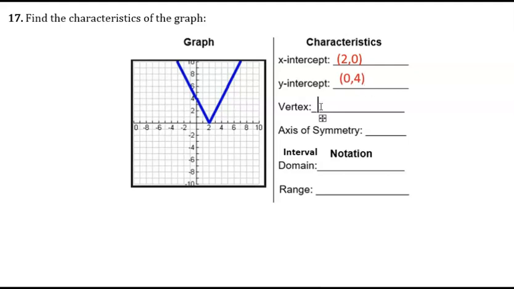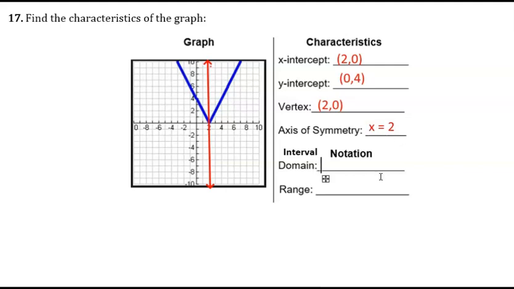The vertex is either the lowest point or the highest point. It's the turning point, that sharp point in the graph. That is also 2, 0 in this case. The axis of symmetry is that line that goes through the vertex. And that line is at x equals 2.